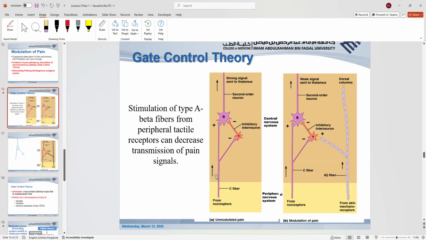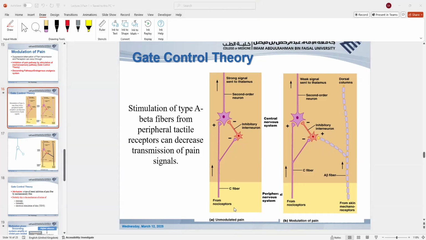Whenever the nociceptor is stimulated, the signal inhibits this inhibitory interneuron. So, whenever tissue damage occurs, the signal goes, and this inhibitory interneuron is inhibited. Means it will not inhibit the second neuron, and the pain signal will go up. Clear?